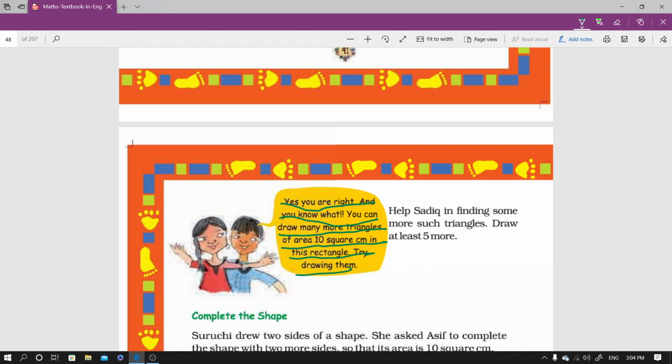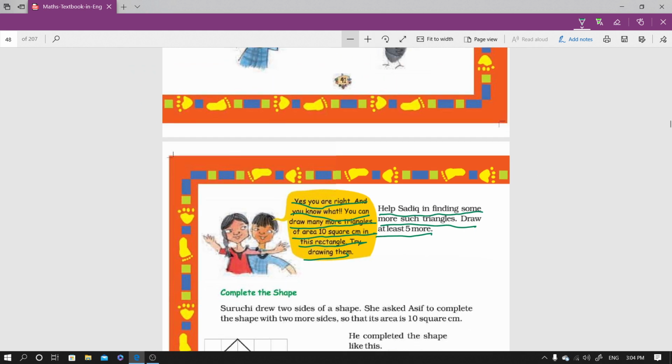Try drawing them. Help Sadiq in finding more such triangles. Draw at least 5 more.